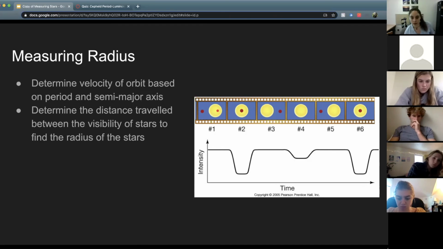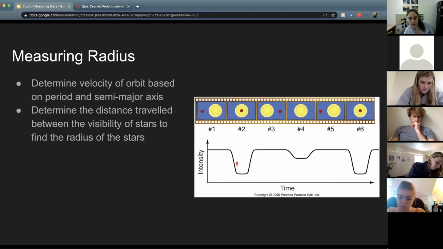We can also use how long it takes for the little star to move from not blocking the large star at all to totally blocking the large star, and that'll tell us information about the radius of the smaller star. So on this plot, the amount of time that we're in the primary eclipse, when the smaller star is in front of the larger star, will tell us about the radius of the large star.